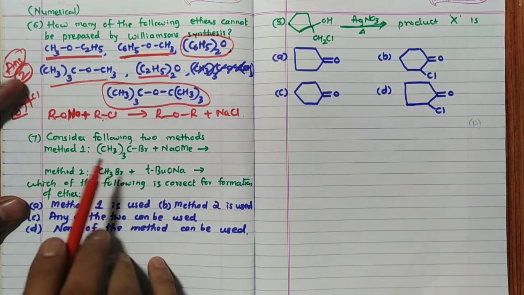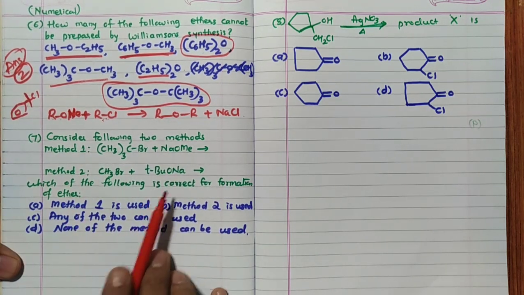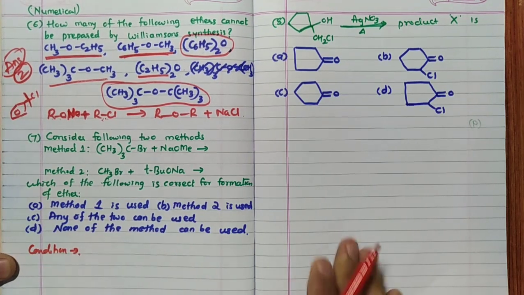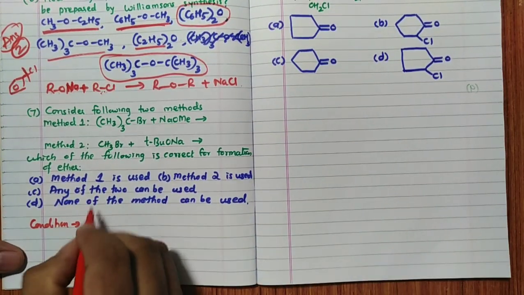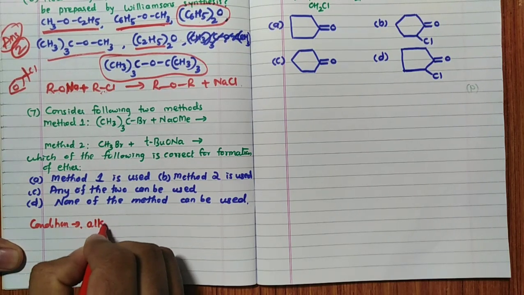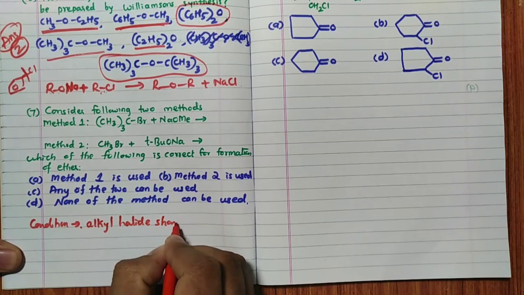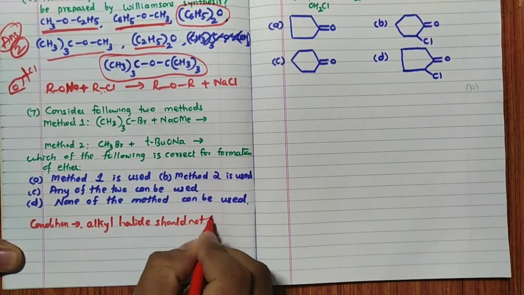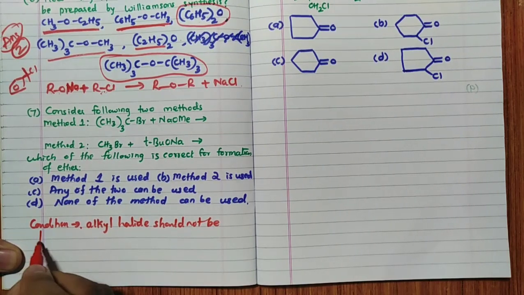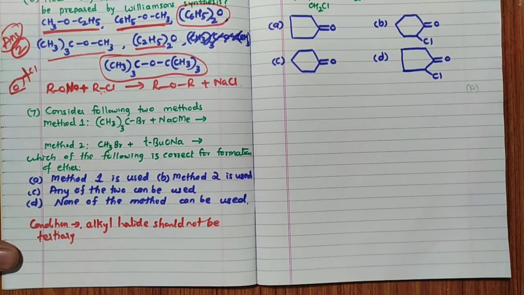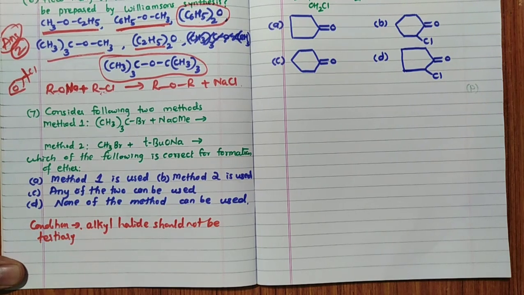Now, to form ether, remember, I will tell you, the condition is that the alkyl halide should not be tertiary. Remember, the alkyl halide should not be tertiary.